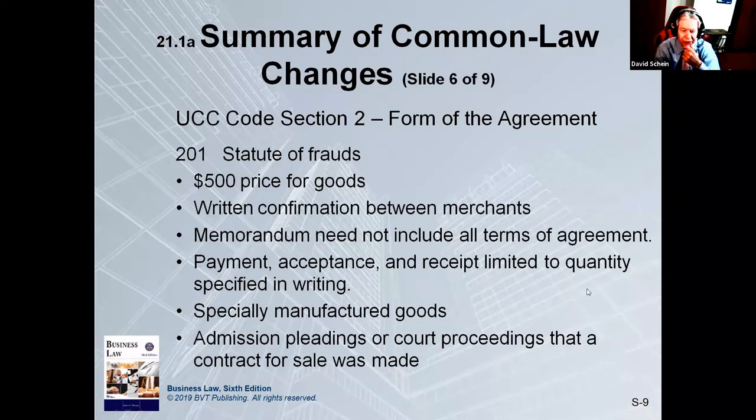Payment, acceptance, and receipt are limited to quantity specified in writing. In other words, you can't enforce the purchase order for more than the amount stipulated. Of course, specially manufactured goods are binding because they're specially manufactured. And with admission in pleadings or court proceedings that a contract for sale was made, there are certain bases that you can document the existence of a contract.